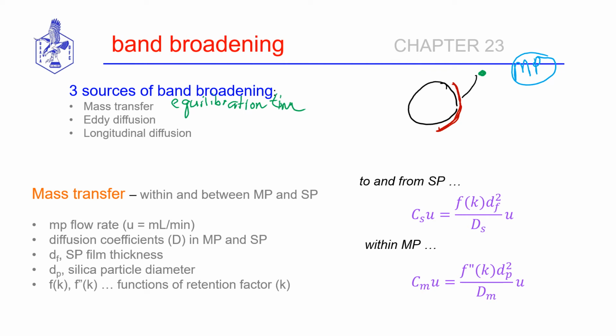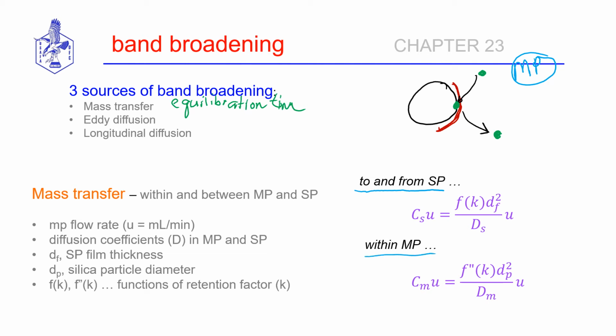And then it's going to come into the stationary phase. It's going to hang out in the stationary phase and move around for a little bit. And then it's going to come back out into the mobile phase, so on and so forth. So we can equate the contribution to the band broadening coming from the mass transferred to and from the stationary phase and within the mobile phase.